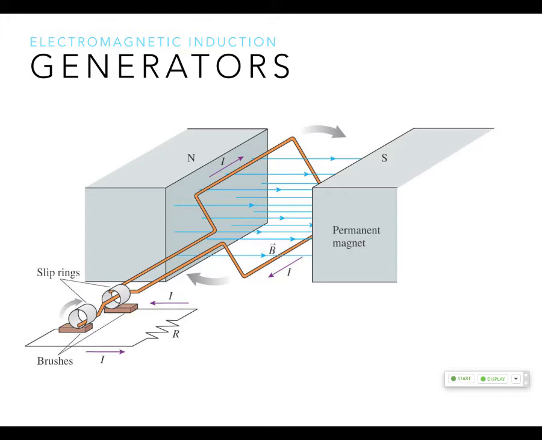So this is a loop rotating with some angular frequency omega. What's the flux through the loop? Well, it changes because it spins. So what should theta be? What are the units of omega?